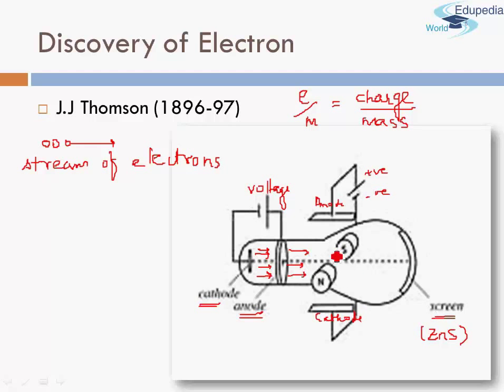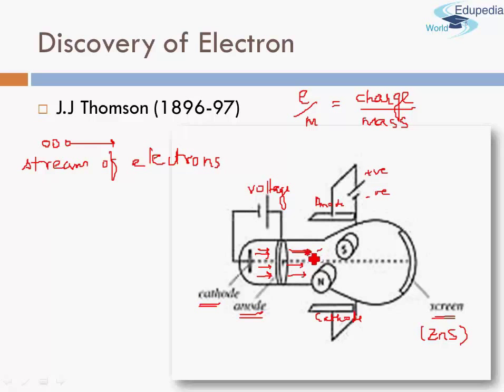Forget about gas or anything over here. This electric field is applied outside the discharge tube, in such a manner that electrodes are present outside the discharge tube, but their electric field can pass through here. Obviously what he saw was there was deflection of these rays towards anode.